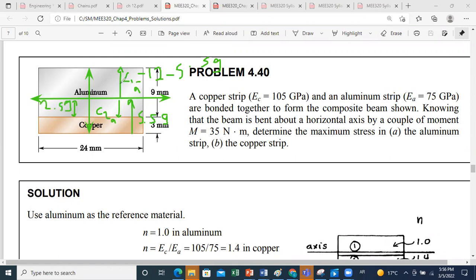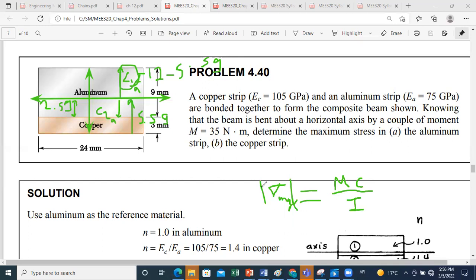So I will take this value of c as the maximum distance from the neutral axis to compute sigma in aluminum. So sigma max in aluminum, in absolute value. Here it's a compression stress if we consider that M is positive. The absolute value of sigma maximum, for n equal to 1 for aluminum, the reference material, is M times c, which is 12 minus 5.59 in millimeter, converted to meter, over I, the inertia of the modified section about the neutral axis.